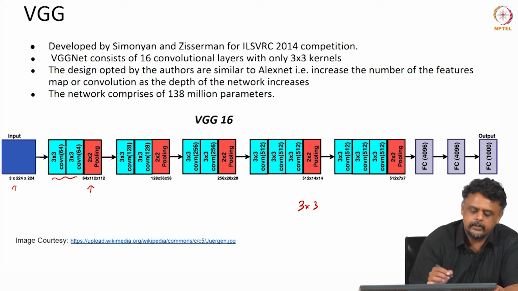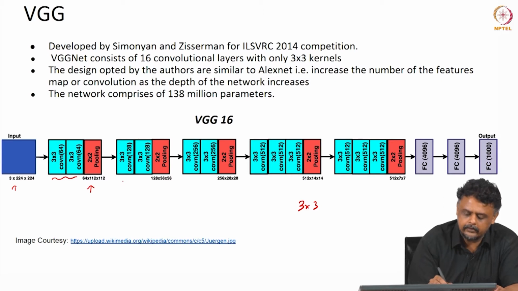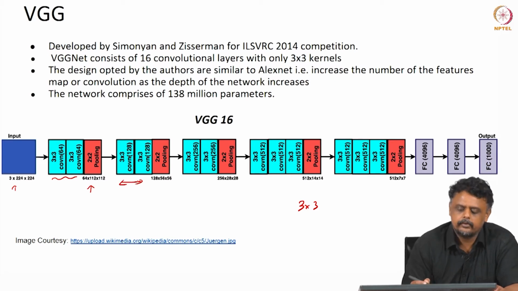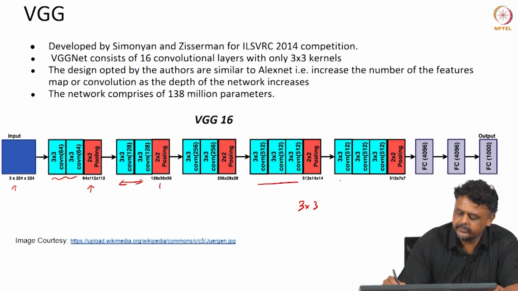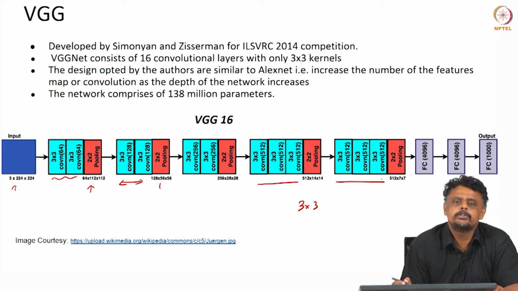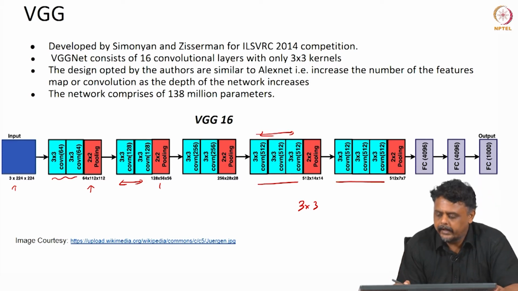Each of these 3 cross 3 convolution layers had 64 feature maps, followed by another set of convolutions and max pooling, and so on till we get to these layers, which again have 3 cross 3 convolution, but this time 3 in succession, followed by a max pooling.